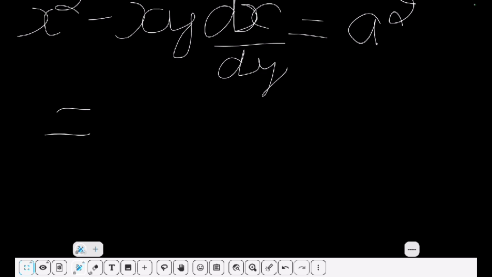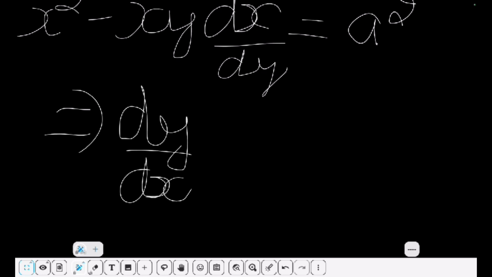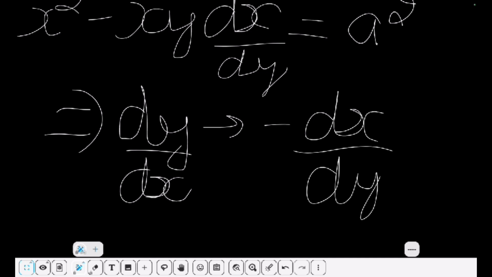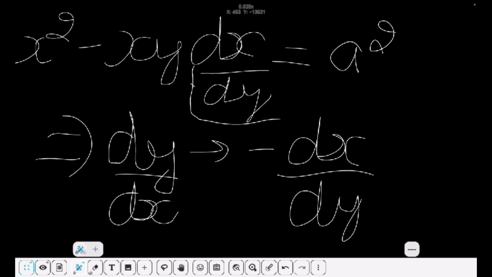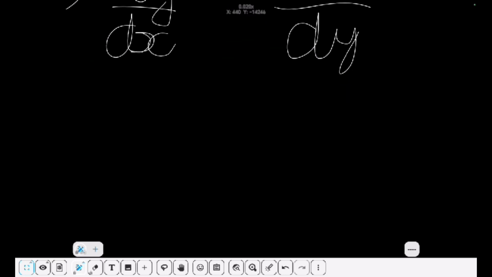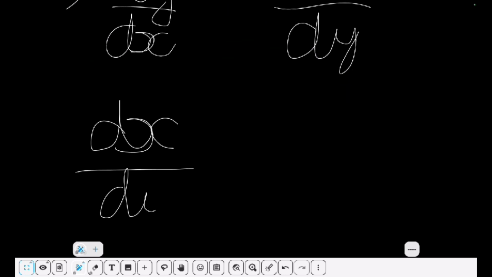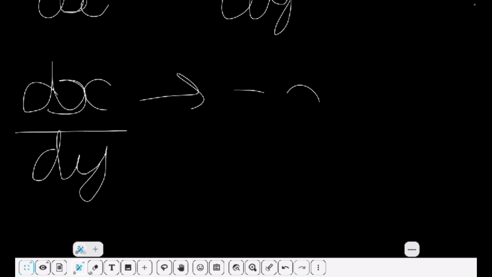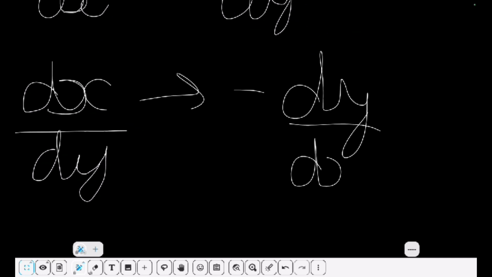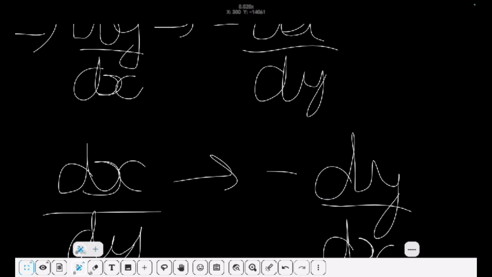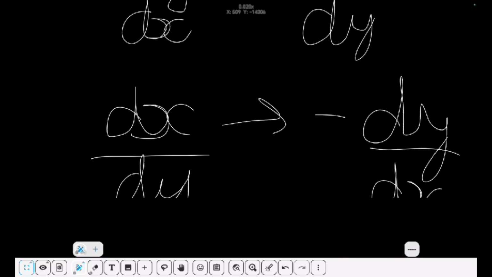Now we know that we need to replace dy by dx with minus dx by dy, but here we have dx by dy. So how can we replace this? That's very simple. Dy by dx can be replaced by minus dx by dy. So dx by dy can be replaced by minus dy by dx. Minus dy by dx. That's it.